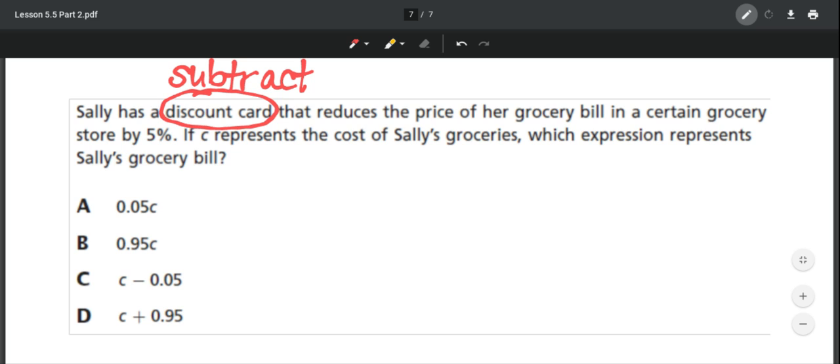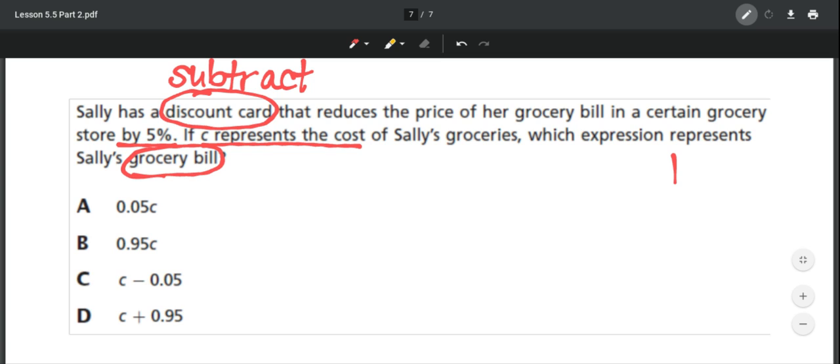The percentage is 5%. C is going to represent the cost of Sally's groceries. They want to know what the price of her grocery bill is, not how much the discount is. Therefore, we want to know how much she will pay.